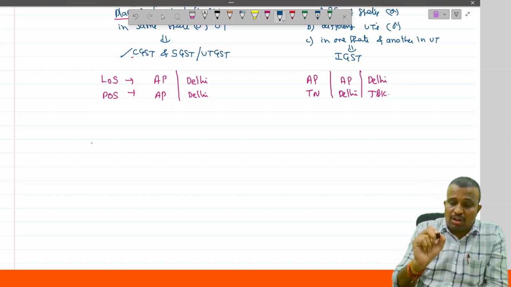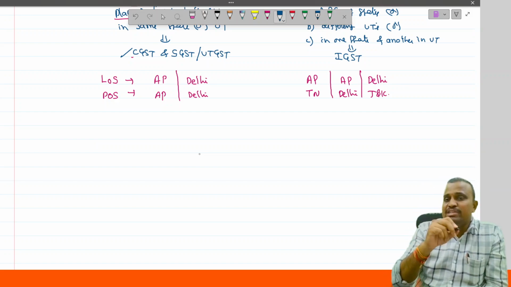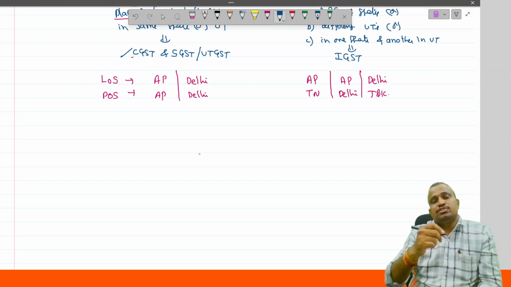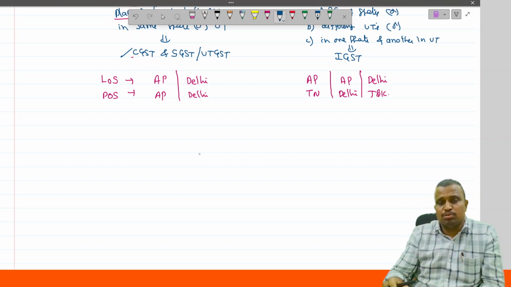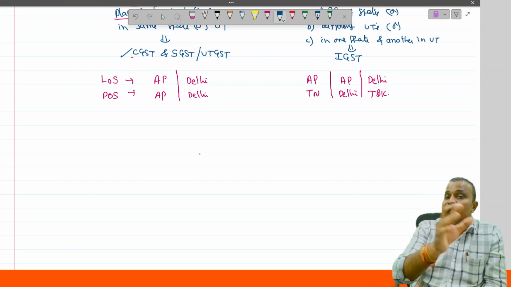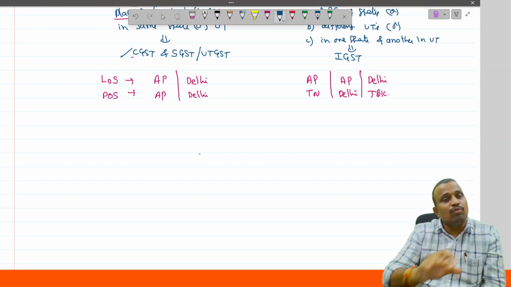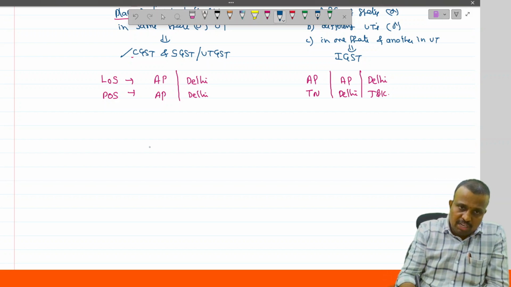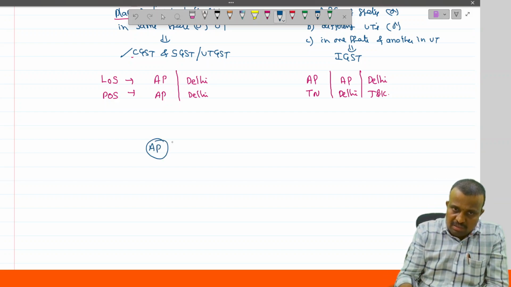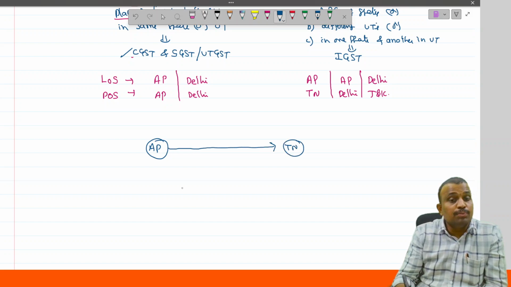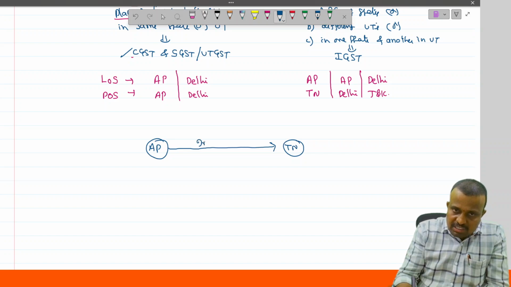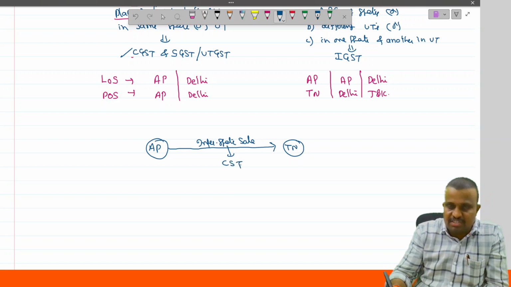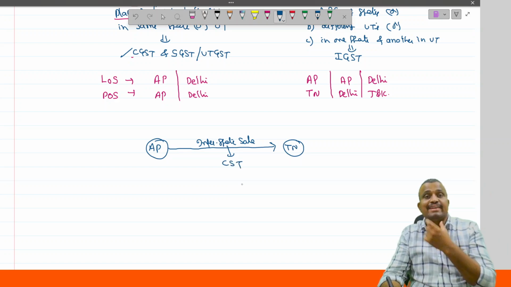So coming to the compensation cess, previously, before the introduction of GST, that is before 1st July 2017, while we were in the old indirect tax regime, for example, if a person supplied goods from AP to Tamil Nadu, this is covered under interstate sale and is liable for CST, called central sales tax.